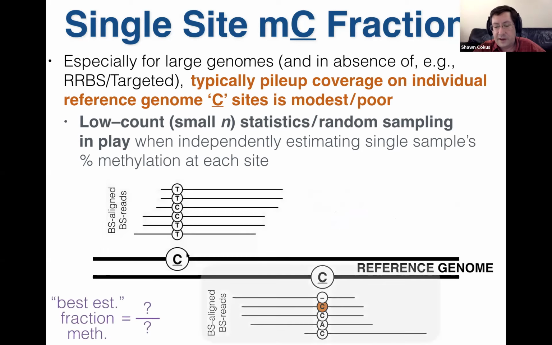Okay. In the bottom strand example here, what would be the best guess of methylation? Well, this one is a little more interesting in a way. This one's got some things that look like either base call errors or could be genetic variants.